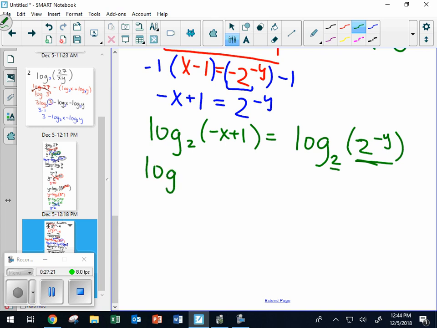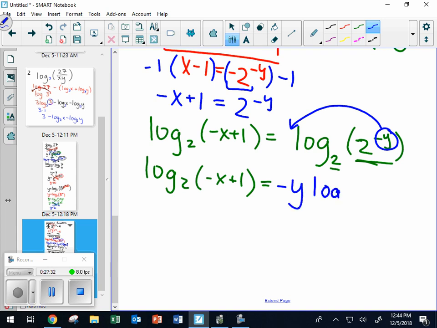So we will have log base 2 of negative x plus 1. And if on the right-hand side I now take my exponent and move it out, I will have negative y times log base 2 of 2. And Walt, do you know what that is? Log base 2 of 2. Same base for both.